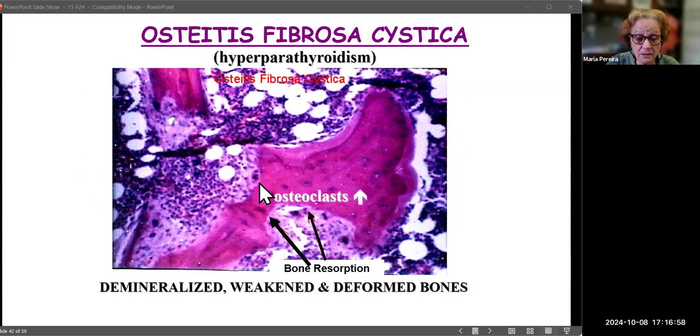That means that there would be too much bone resorption, and that means that the bone density will decrease. And this condition is known as osteitis fibrosa cystica. So the bones become demineralized. There's too much loss of calcium because too much parathyroid hormone is being released.